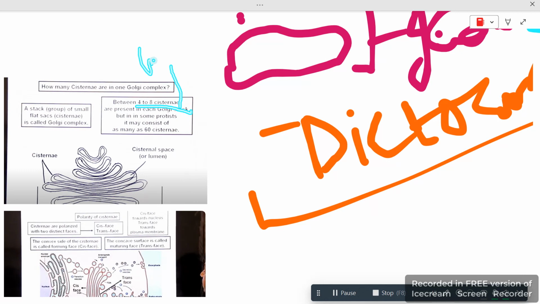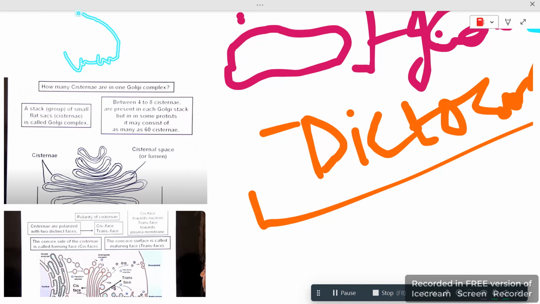This is cisternae. Do not pronounce this as cristae, because cristae is a structure which is present in mitochondria. In protists you'll find more than 60 as well. So cisternae is this kind of structure, and if this is one cisternae, the empty space you see is known as cisternal space, or we also call this a lumen.